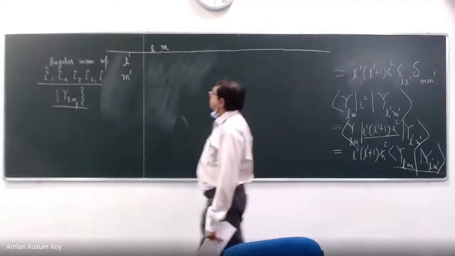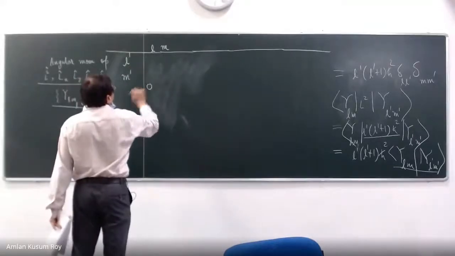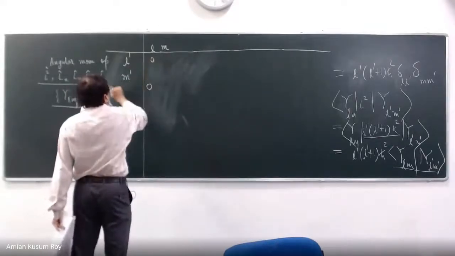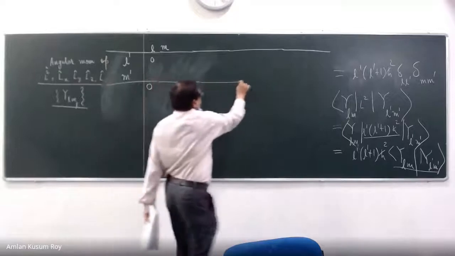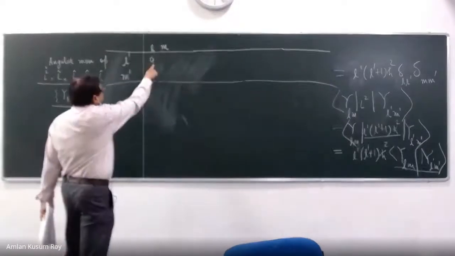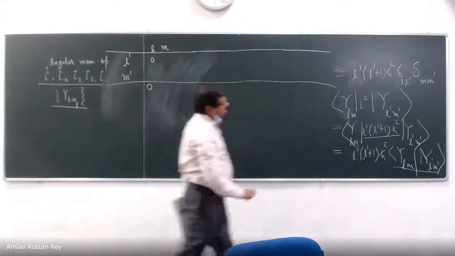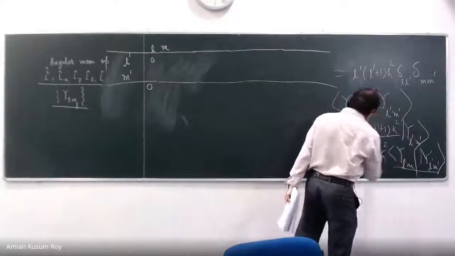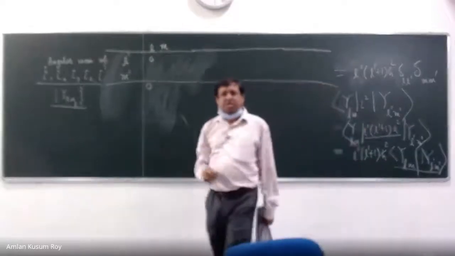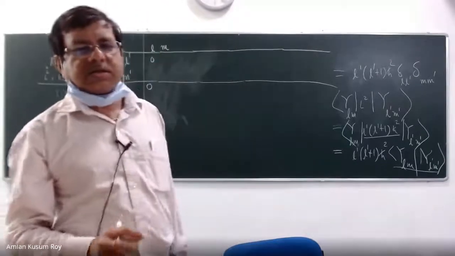Okay? And then, so my 0 and 0. If your L is 0, you see that you need two indices, L prime, M prime, L M. Okay?